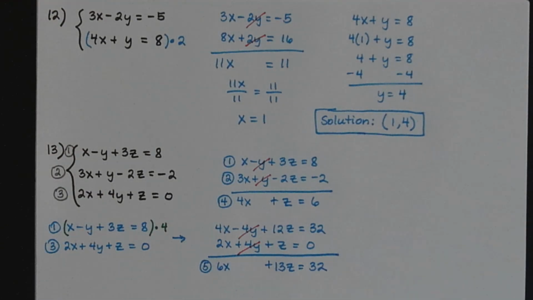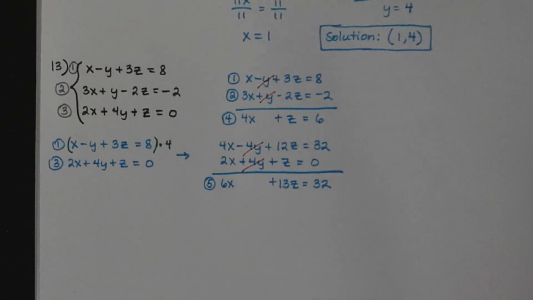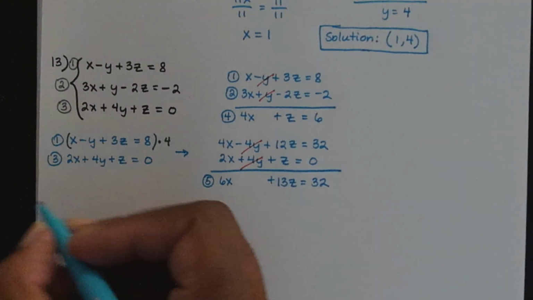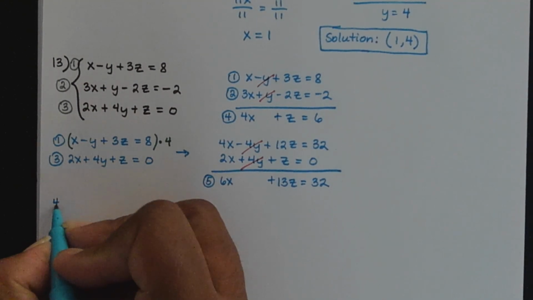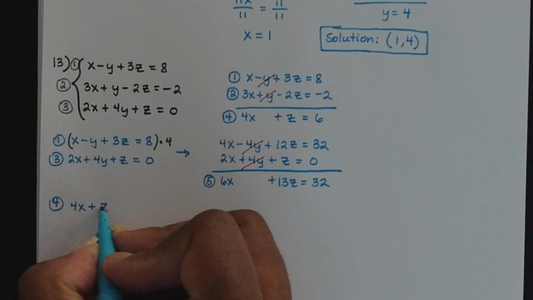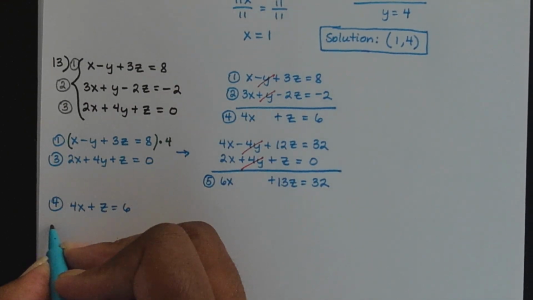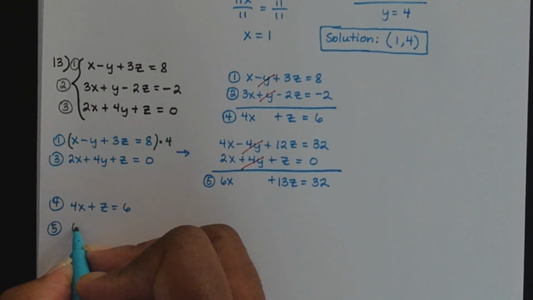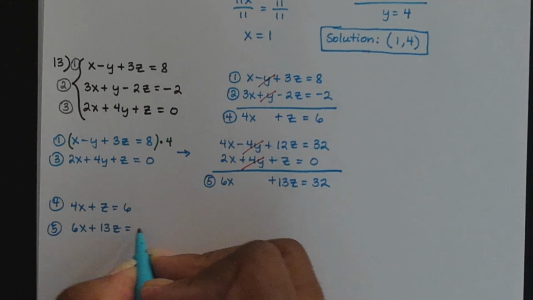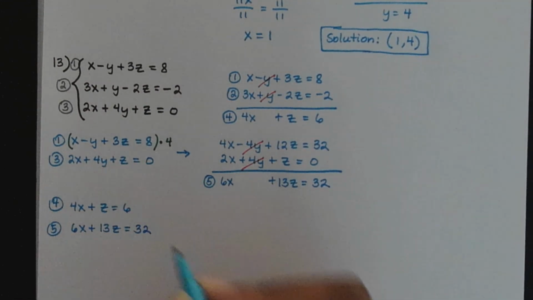Now equations 4 and 5 are in two variables. So we'll use those to eliminate either the x or the z. So here's equation 4. That's 4x plus z equal to 6. Equation 5 is 6x plus 13z is equal to 32.